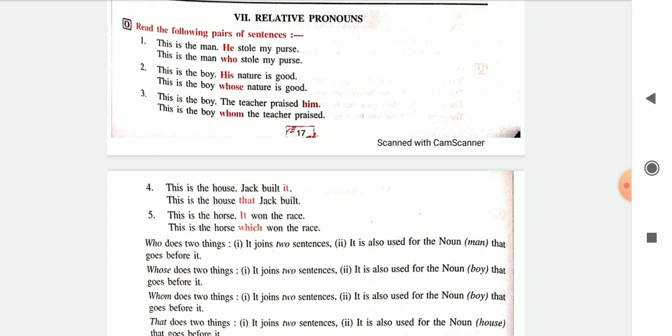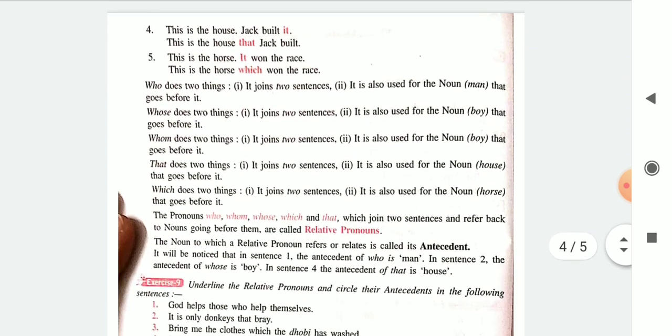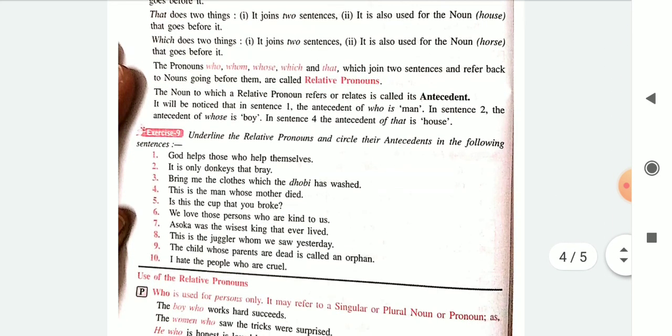The words which help you to join the two sentences are who, that, whose, whom. These words are relative pronouns. I can do a few sentences from the exercise. Let us underline the relative pronouns. We don't want to do the antecedent right now. We will just do the relative pronouns.